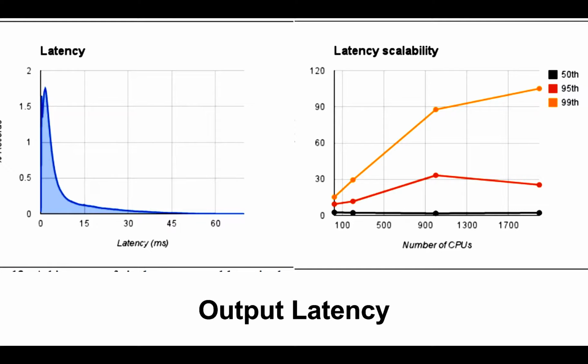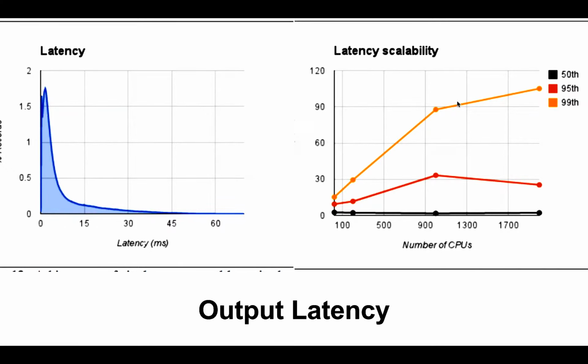Now this is run without exactly once semantics, which when they ran the experiment with, it increased the latency by a good number. The experiment on the right shows how latency scales as we increase the number of hosts processing the workload.